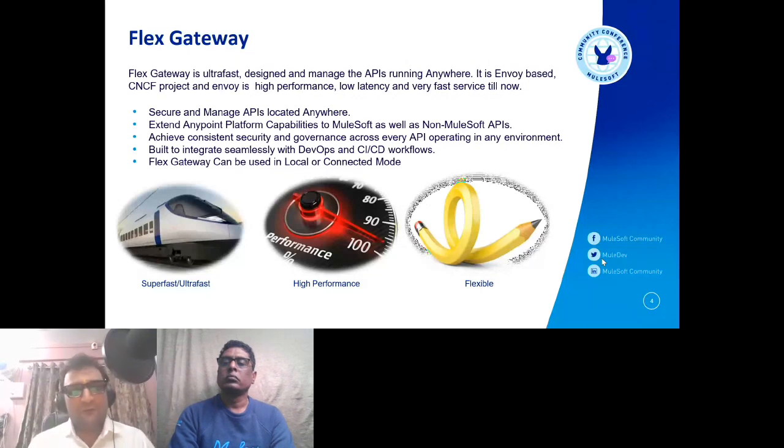So there are a few features of Flex Gateway. You can secure and manage your APIs located or deployed anywhere universally. You can extend your Anypoint platform capabilities like API policies and API analytics to MuleSoft as well as non-MuleSoft APIs. Right? You can enable security and governance for any type of API.